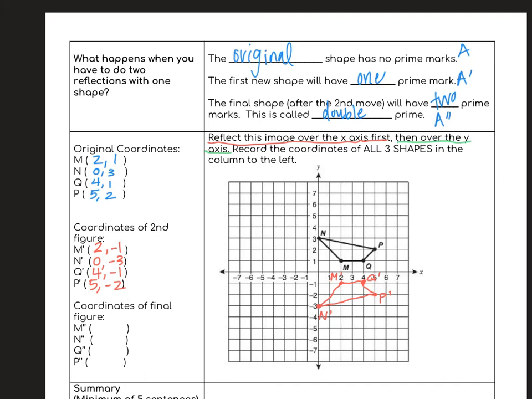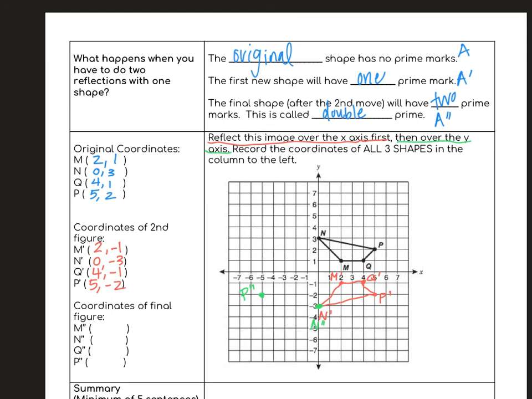Okay, now it's telling me to then reflect it over the y-axis. So now we're going to reflect it over this way because here is my y-axis, it goes up and down. Okay, so my N double prime is going to be in the same exact location. My P double prime is going to be right over here.